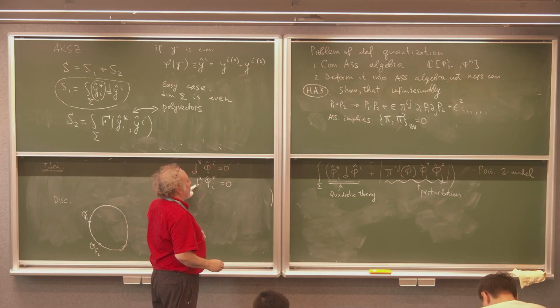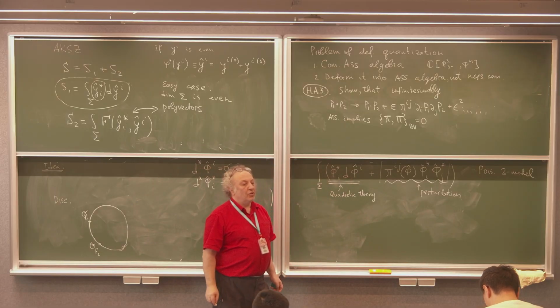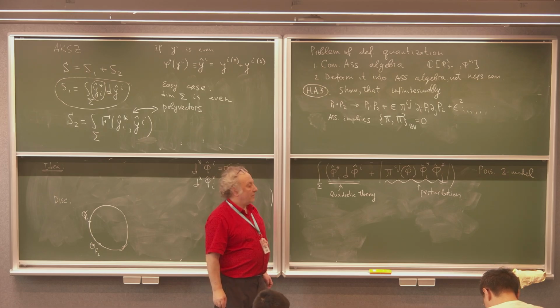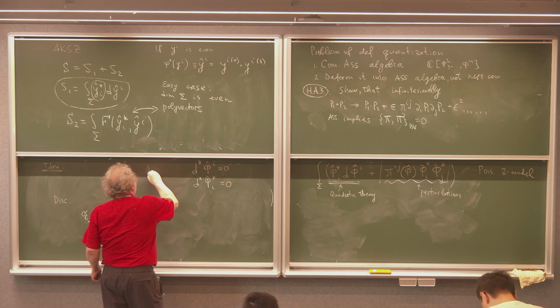If we put this gauge fixing, then this action would be non-degenerate. Okay, so this is the gauge fixing.